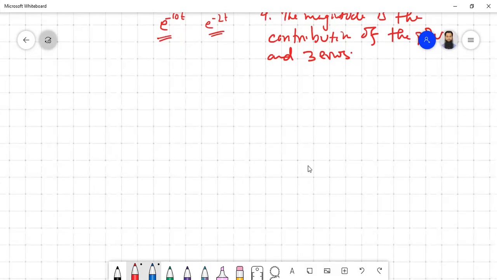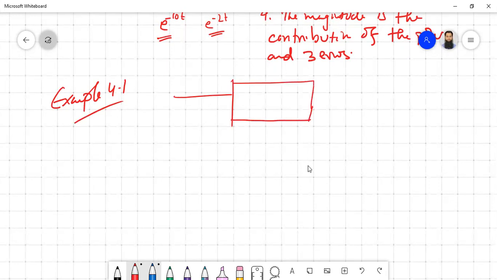Let us try to examine whether, by looking at the system, we can predict what is happening in the system. Example 4.1. You have a system something like this. This is your R(s); still we are assuming 1/s, that is step response. Then you have (s+3) divided by (s+2)(s+4)(s+5).